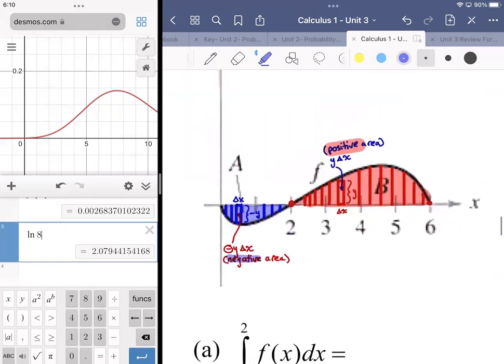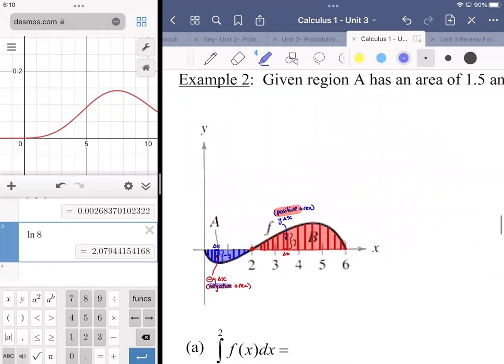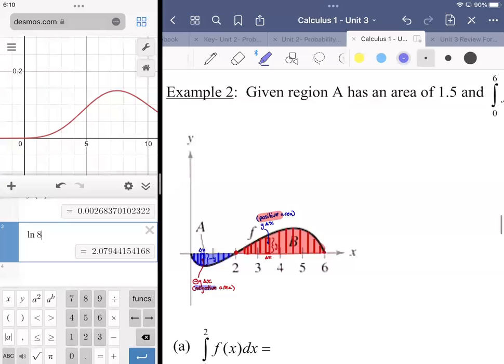So that's a lot of explanation to get at the idea that when it says region A has an area of 1.5, that must be a total area. That must be if somebody were to actually measure it. Prior to this course, I'd say find the area of that region and actually take the x-axis, y-axis out of it. Just give somebody that figure and say find the area, using whatever technique they want. They would have come up with 1.5 because they didn't have any context associated with it.